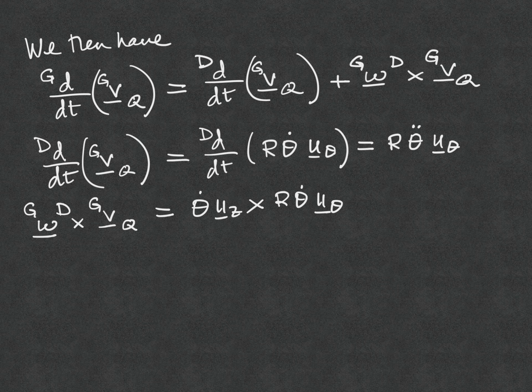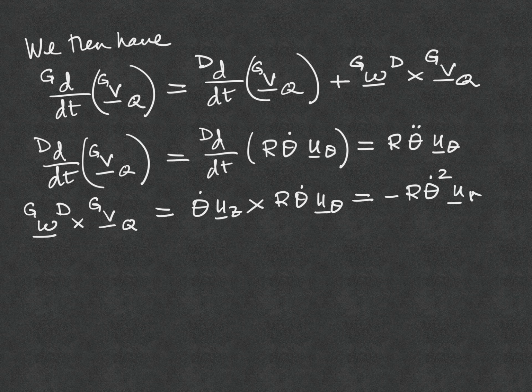Now, if you look, you'll see that the r theta dot can be moved out front, and so you just get uz crossed with u theta. Well, uz is the third basis vector, and u theta is the second basis vector. So the third basis vector crossed with the second basis vector is minus the first basis vector. So this is equal to minus r theta dot squared times ur.